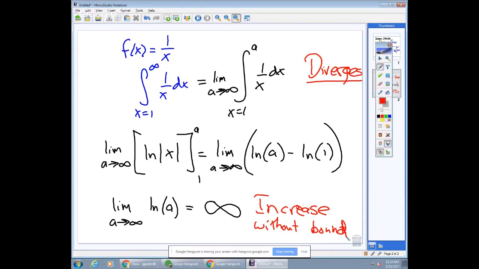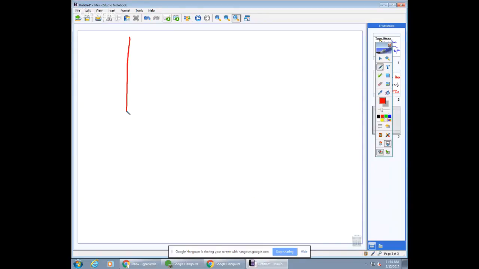Just a quick sketch of this function. I'm sure we all know what it looks like. It has the point 1, 1, and then it drops with an asymptote of y equals 0, and it rises toward the y-axis that way with a vertical asymptote of x equals 0.